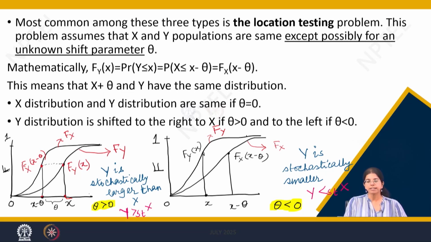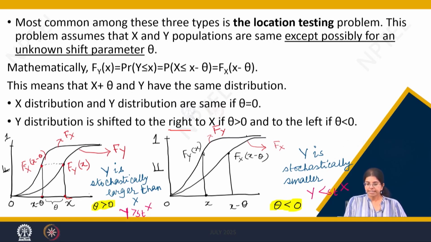Y distribution is shifted to the right of X if theta is greater than 0, and you can see that the Y curve is more to the right as compared with the X curve. Clear? The Y curve is more to the right as compared with the distribution curve of X.